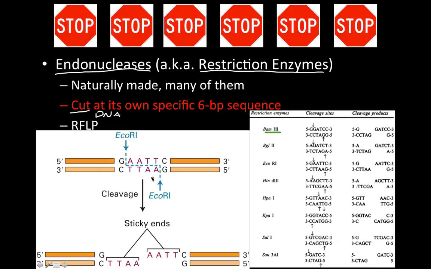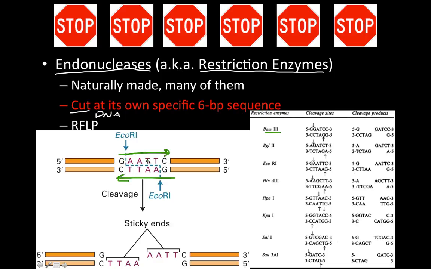Now, what I'd also like you to know is that this is a palindrome, meaning it's the same sequence forward as it is backwards. Well, hold on a second. Forward I have GAA, and right here it's CTT. So how is that a palindrome? Well, DNA has a specific direction to it. So if we go in this direction, GAATTC, when we look for the palindrome, we're coming back this direction.